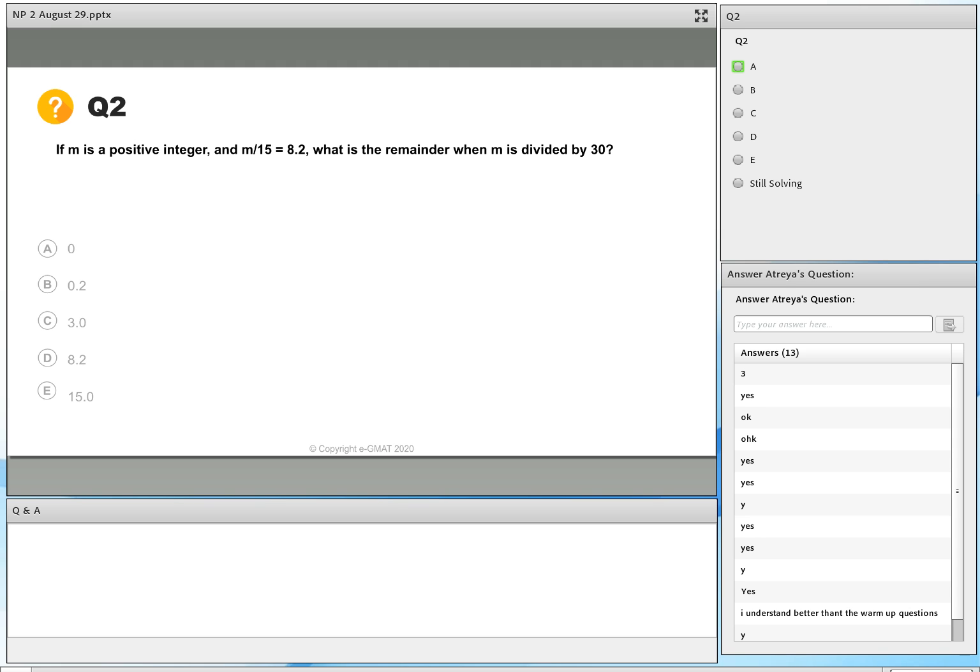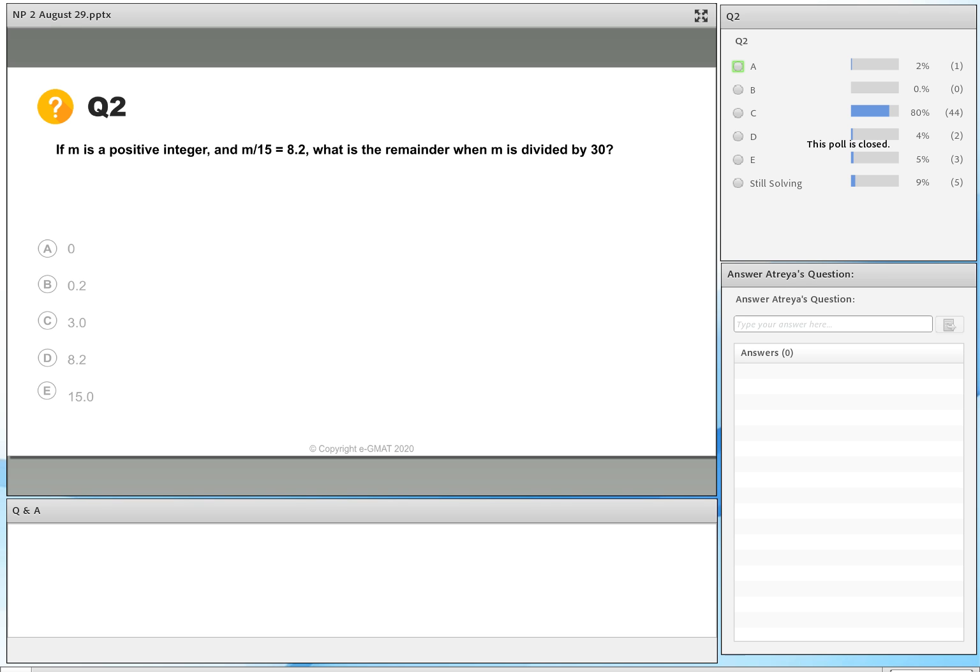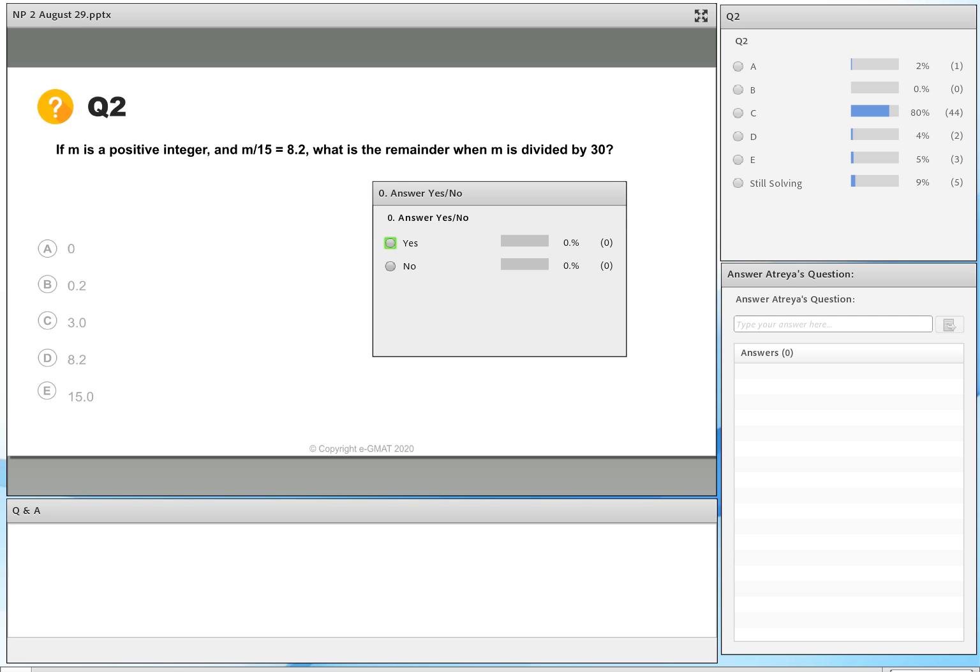All right, 5 more seconds, guys, to mark the answer for this question. 3, 2, 1, and 0. I'm going to end the poll, broadcast the results. Let me see. 80% of you tell me that the answer for this question is choice C. Again, same question. How many of you did the math over this question?